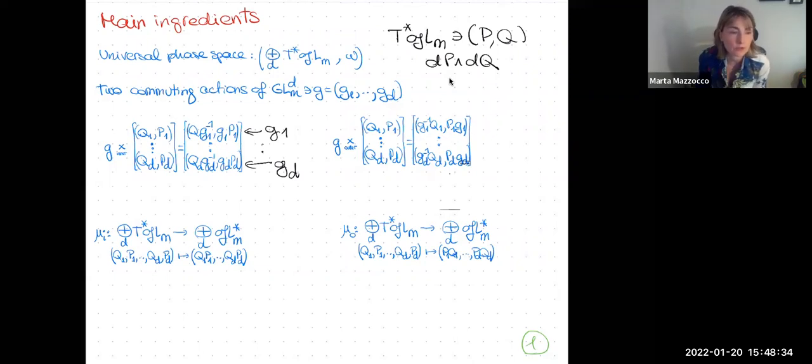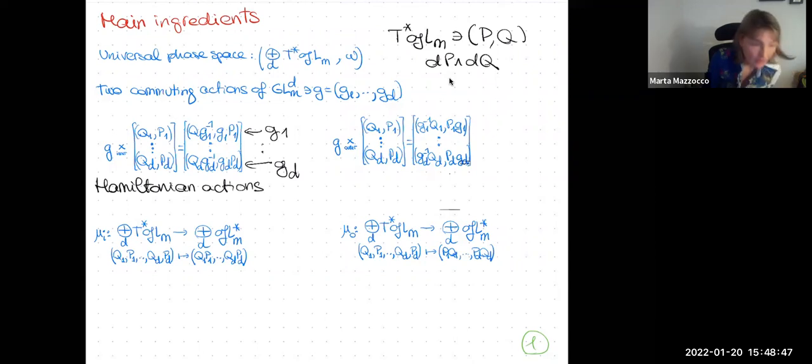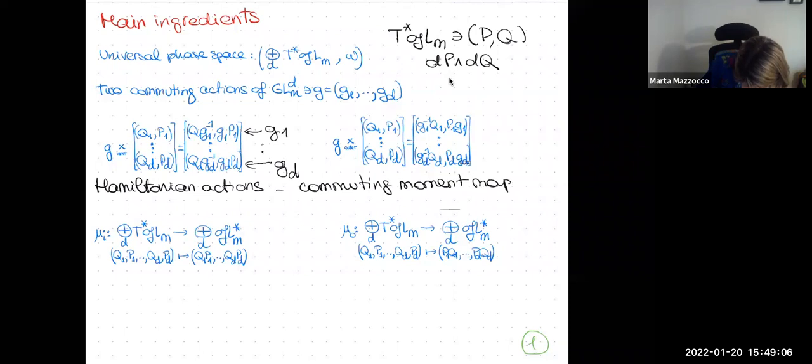Okay. So the point is that both of these actions are Hamiltonian. And therefore, we can look at the moment maps of these two actions. And the moment maps are commuting and equivariant. So I've written the two moment maps here.